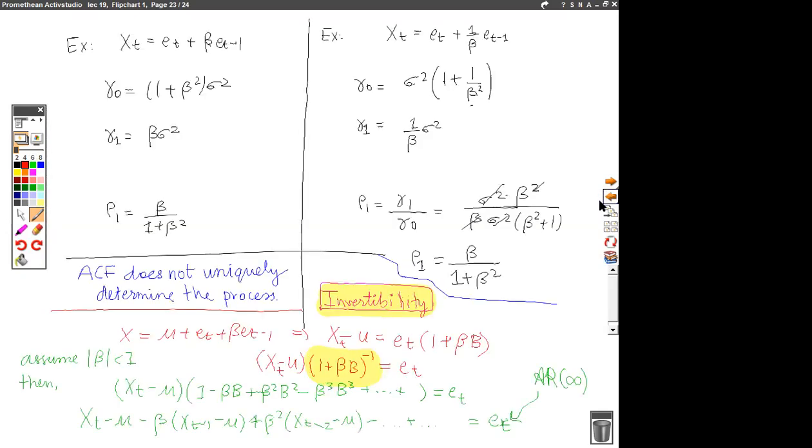So what I was trying to say is, forget that the binomial expansion works only if beta is less than 1. Let us assume this expansion is always true. But I know that I'm multiplying xt minus mu with something which is going on till infinite time. So how can I be sure that it will not blow up?